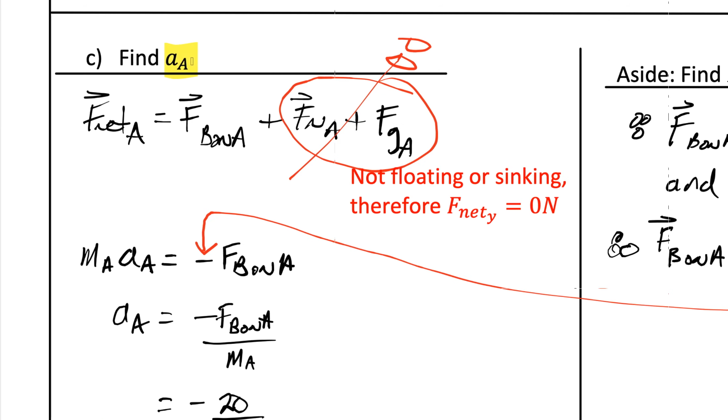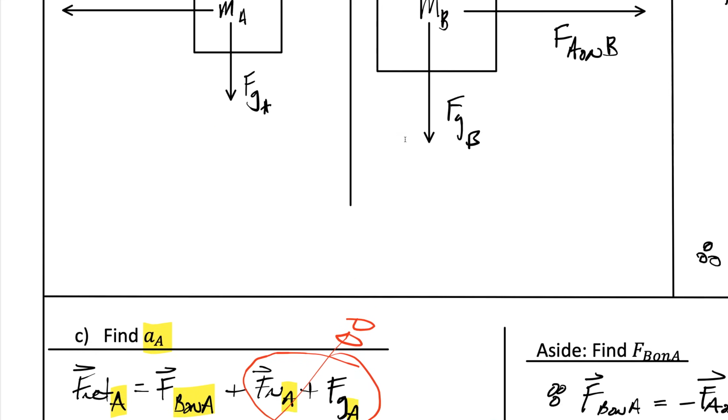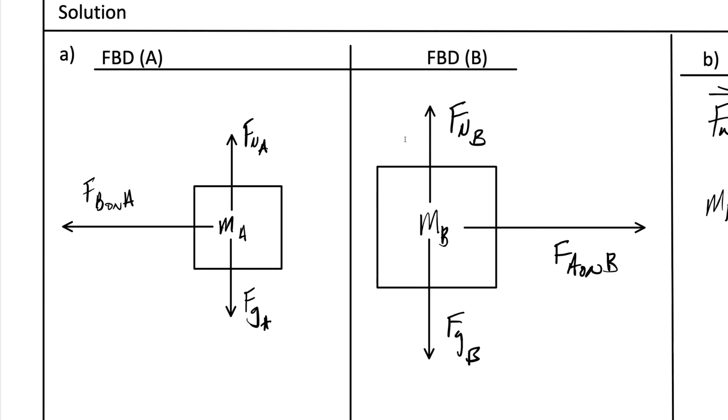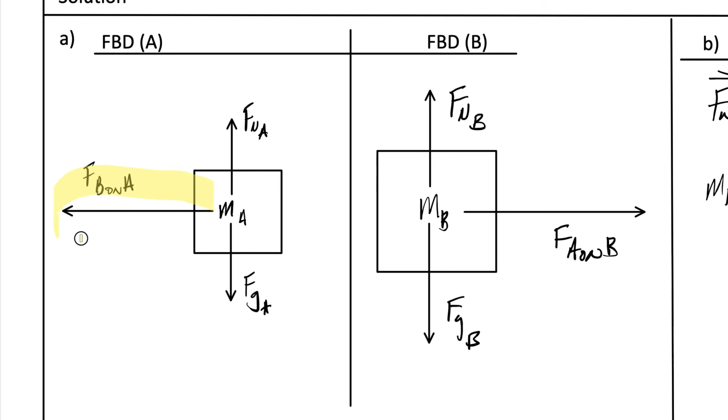Part C. Now we're looking for the acceleration of Amy, or student A. In this particular case, we more or less have the same equation as we had with student B, but the directions are different. So F net A is equal to FB on A plus Fn A plus FGA. And again, if we look at the free body diagram of Amy, we have vectors in the x component and vectors in the y component.